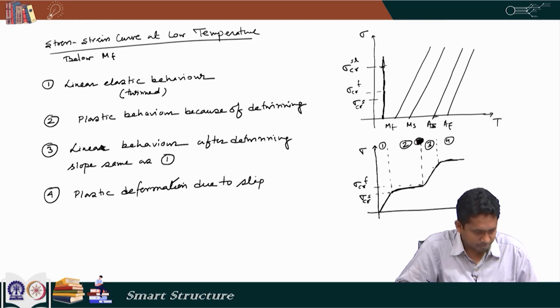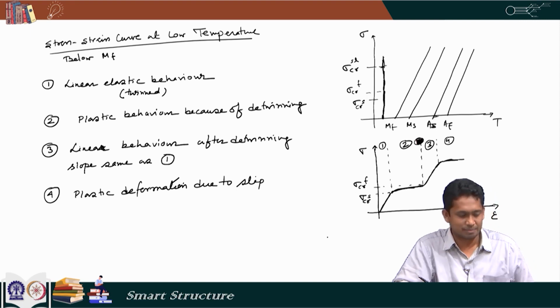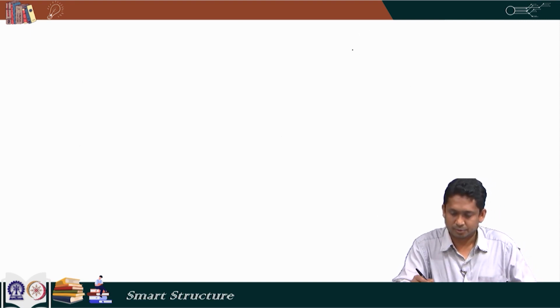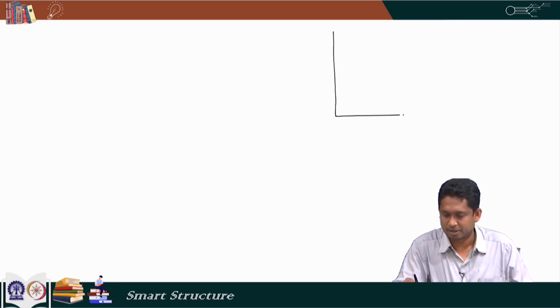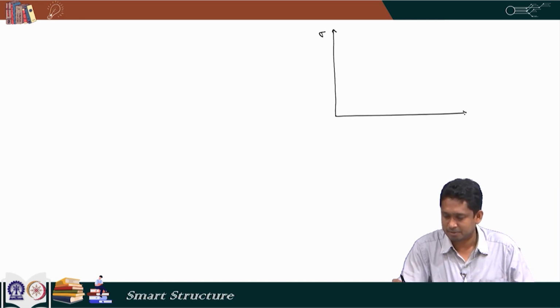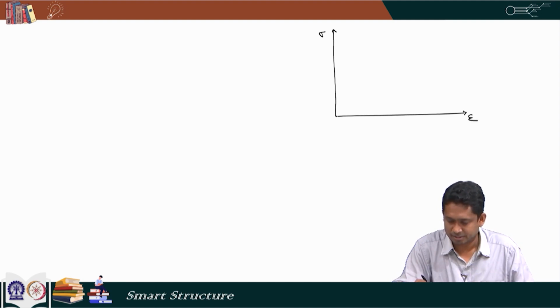Now, we will see if we start unloading at various points how the material behaves, or if we vary the temperature at various phases how the behavior looks. So, now we will draw another diagram, and in this diagram apart from stress and strain we will have temperature as well.